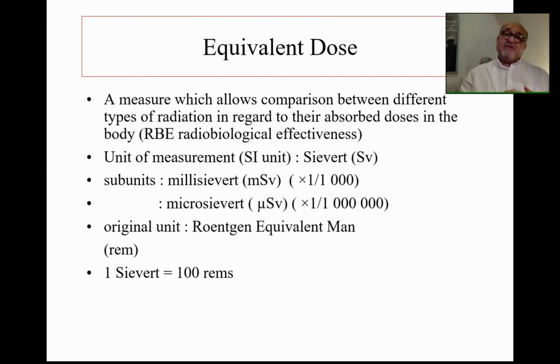Originally, before the introduction of the standard international units, the equivalent dose was called the Röntgen equivalent man, abbreviated as REM, R-E-M. If you want to know the relationship, 1 sievert in the standard international unit is equal to 100 rems.